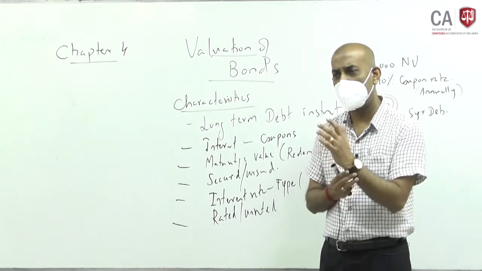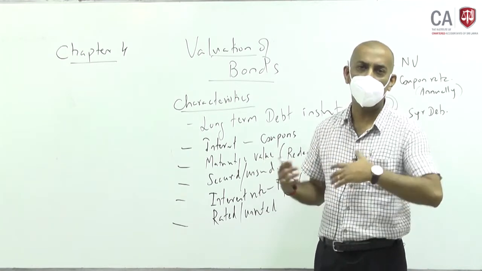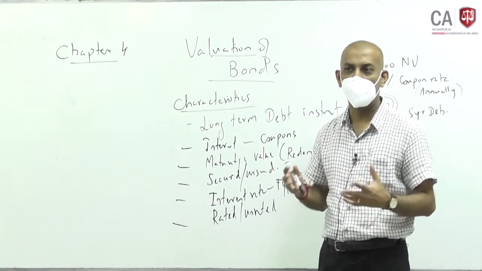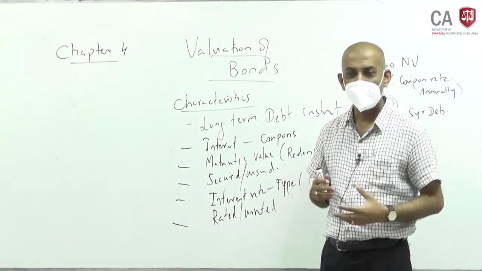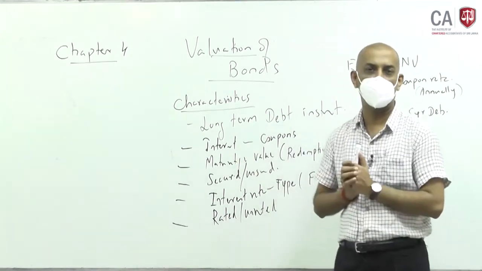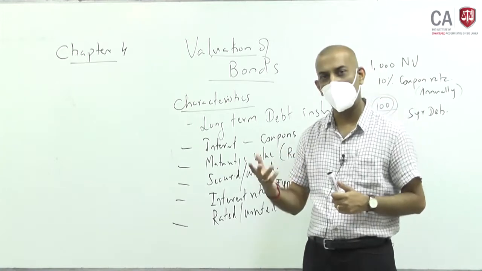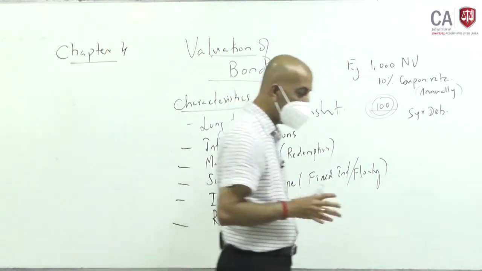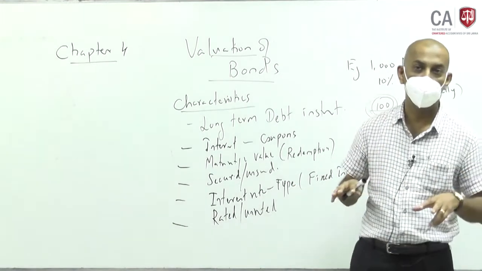So there are two things. One is a company rating, the other is an instrument rating. Company rating means, for example, a bank. Say Sampath Bank is going for a debenture issue. Sampath Bank gets a rating for the bank. That is the total picture of the bank, and it says whether you are strong or not. On the other hand, you might see that a Sampath Bank debenture is issued.